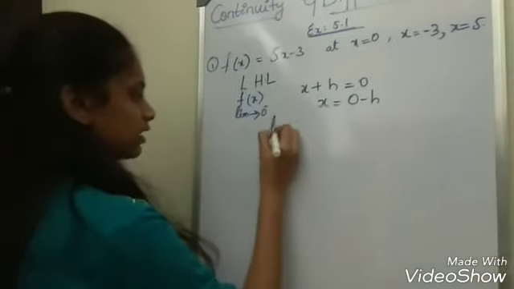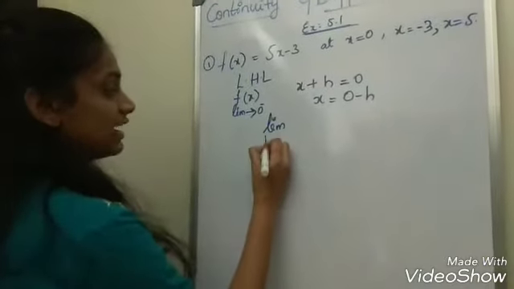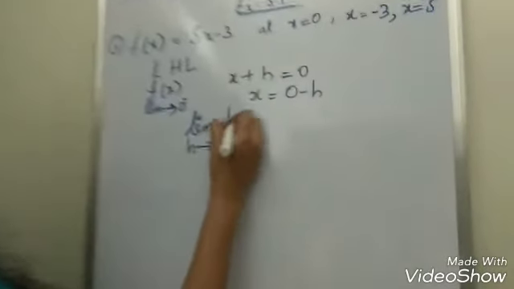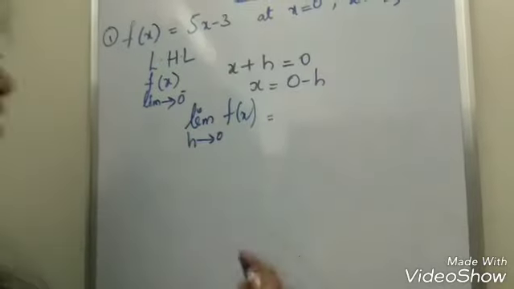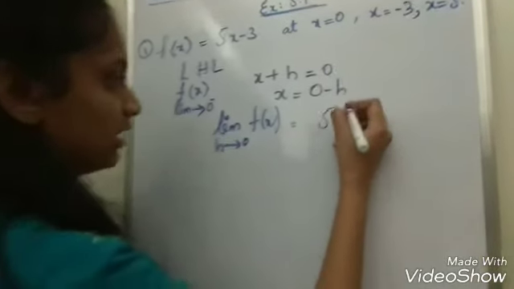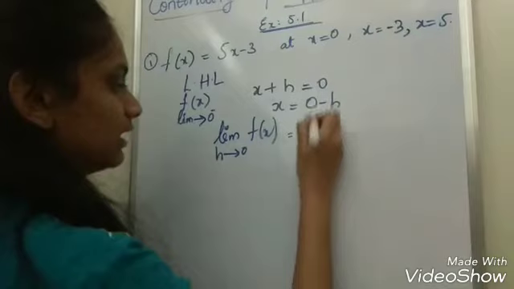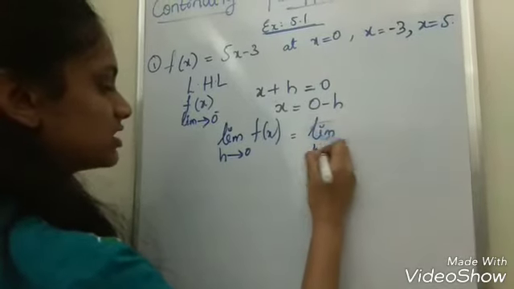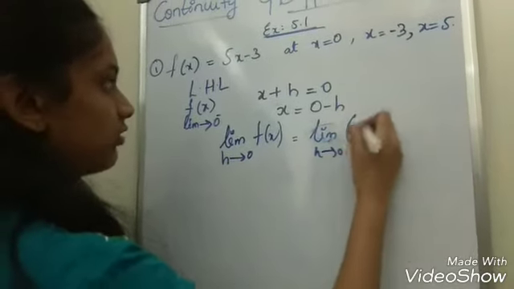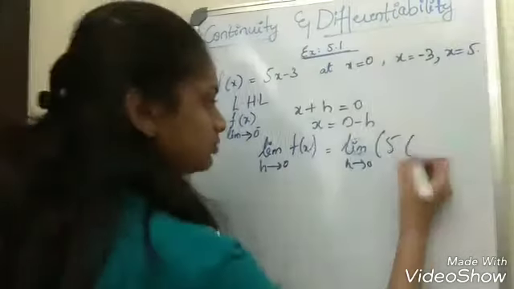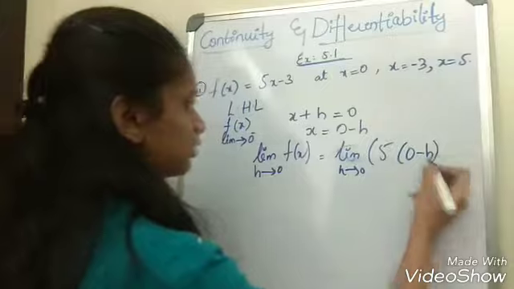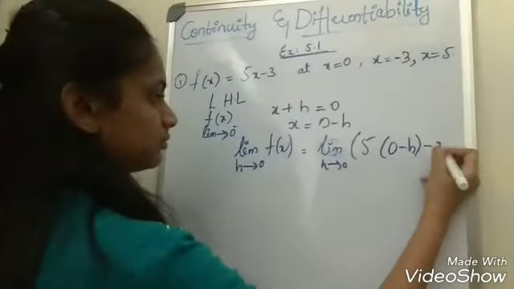Now limit h tends to 0 of f of x. What is f of x? 5x minus 3. So 5 limit h tends to 0, instead of x put 0 minus h, minus 3.